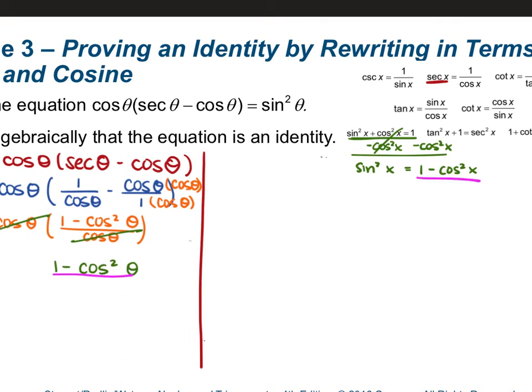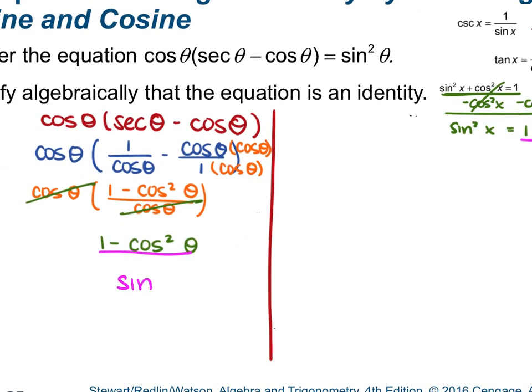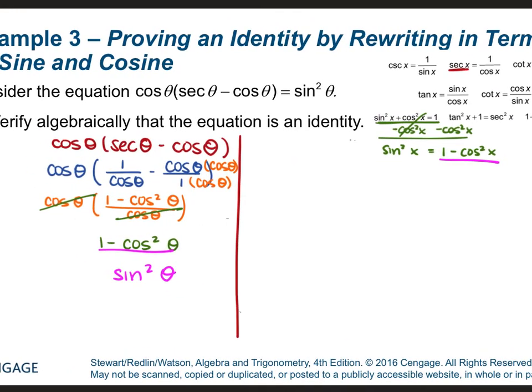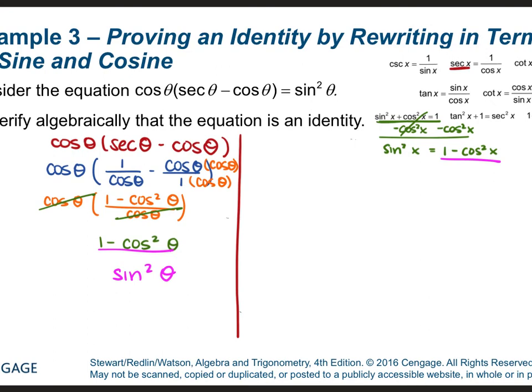So that 1 minus cosine squared theta is equal to sine squared theta. This is in its simplest form. From here, look back at the original equation that you had. You have cosine theta times secant theta minus cosine theta is equal to sine squared theta. What was your right-hand side of that equation? Sine squared theta. Are these two sides equal to one another now? They are. So this is a trigonometric identity.